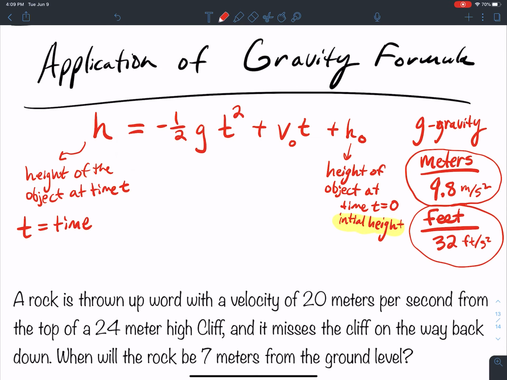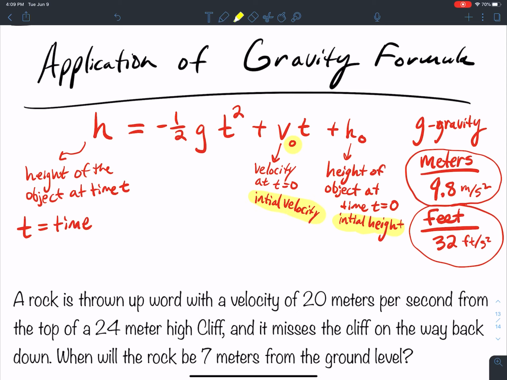Okay. Now this V naught here, this is the velocity at t equal to 0. This is the initial velocity. Okay.